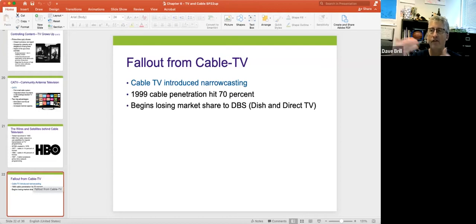And so it kind of followed the pattern of what we would talk about with magazines: people pick up different magazines or go to different blogs for specific topics. Well, it's very much the same for cable television.